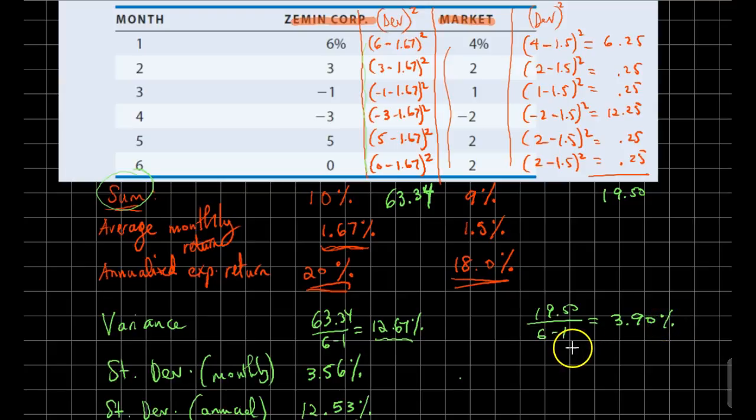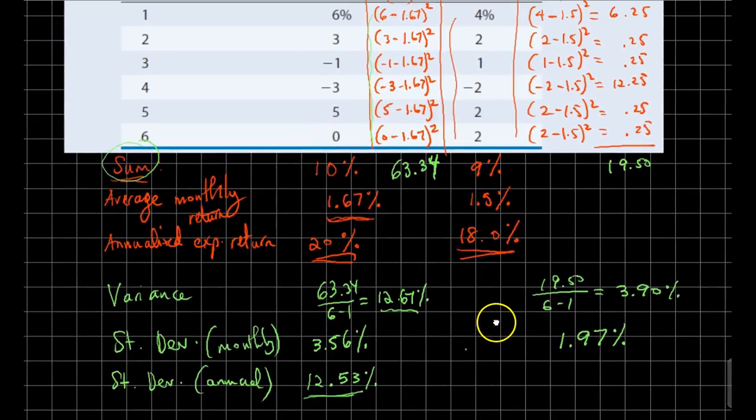And then for the monthly standard deviation, we take the square root, so the square root of 3.90 would give us 1.97%. And finally, to annualize this outcome, we multiply this number by the square root of 12. That would be 6.82%, the annualized standard deviation, and that would solve the first part of the problem.